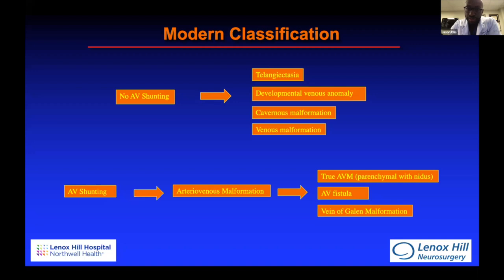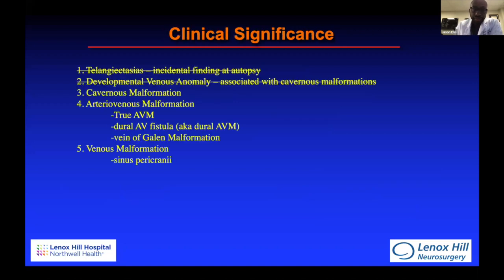Among this group, the ones that bleed are the cavernous malformations, and to a much lesser degree, venous malformations, very uncommon. The lesions with arteriovenous shunting, really it's just the AVM, and there's a true AVM, as well as the AV fistulas and vein of Galen malformation.